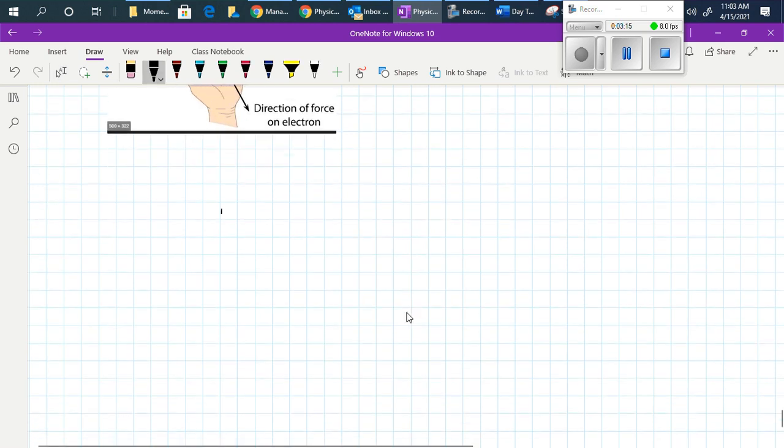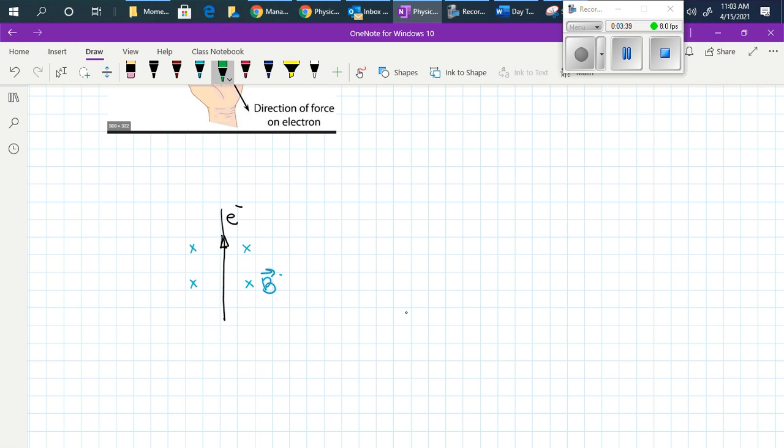Now, let's suppose that we have those examples here. We have a charge that is an electron moving in this direction, and then an external magnetic field that is into the page. Now, let's see what the force is that the electron is experiencing.